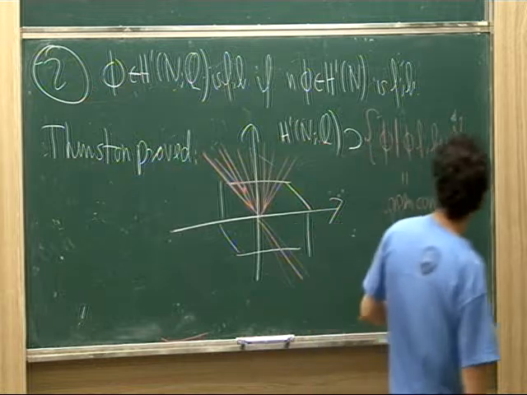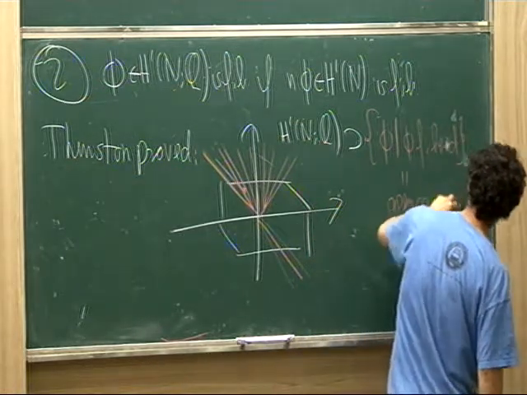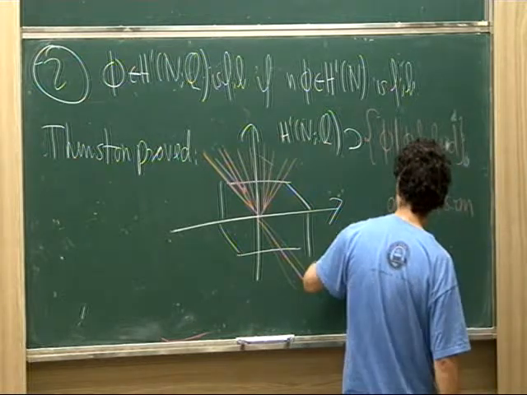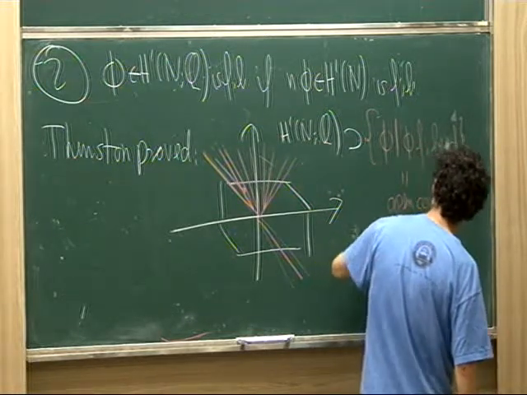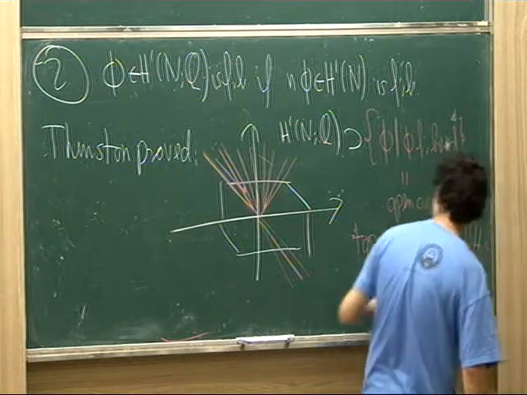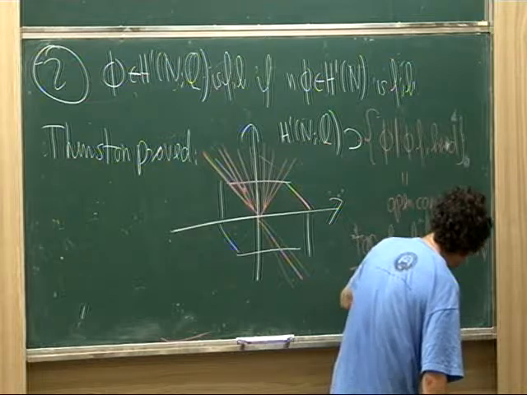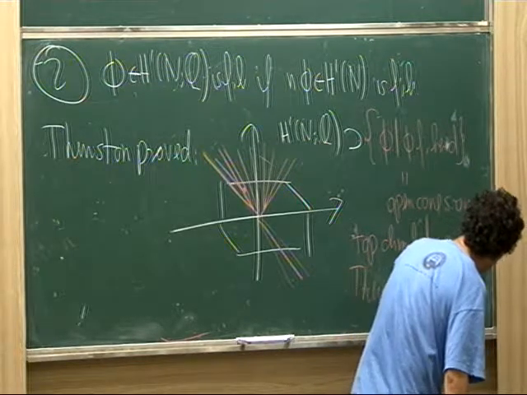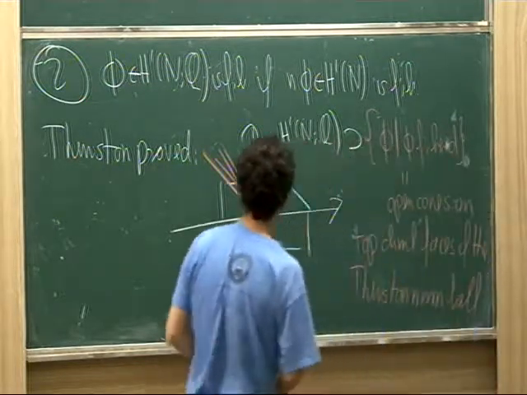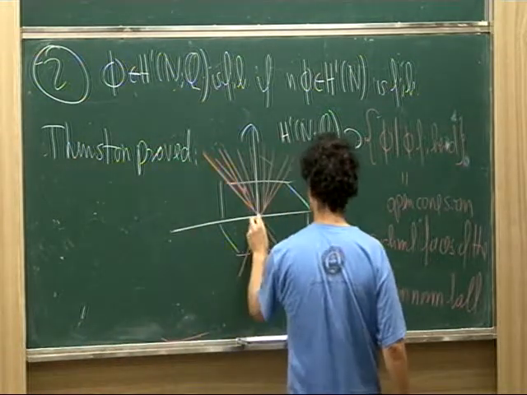Okay? So open union, open cones on top dimensional faces of the Thurston norm ball. Okay, so you get a picture like that.